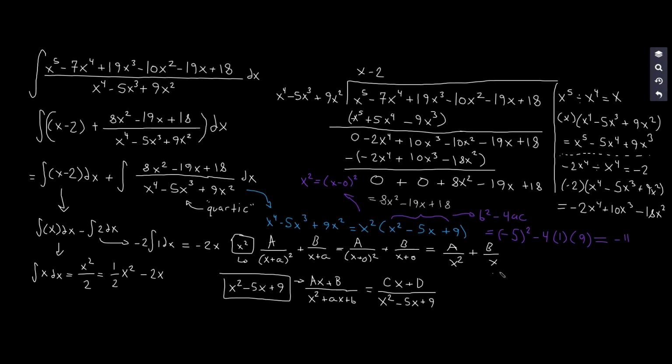And then we're gonna have to put these together. Well, this is gonna be a over x squared plus b over x plus c times x plus d over the quadratic, x squared minus 5x plus 9.